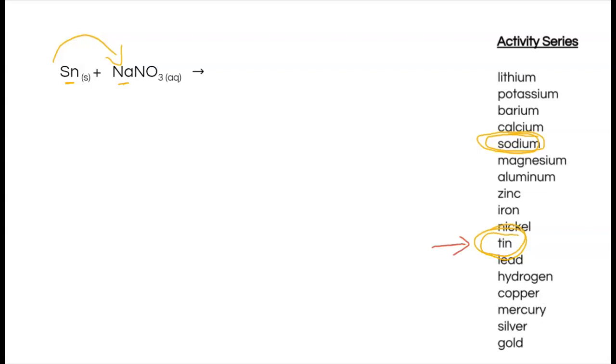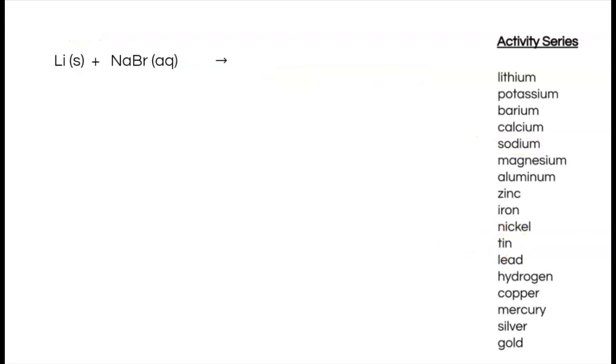It ranks lower in the hierarchy of elements, and so tin does not have the strength to pull sodium away from that nitrate. In this case, what we would say is no reaction. This reaction can't happen because tin is not powerful enough to bump out sodium. And that's it. Okay, let's look at another question.